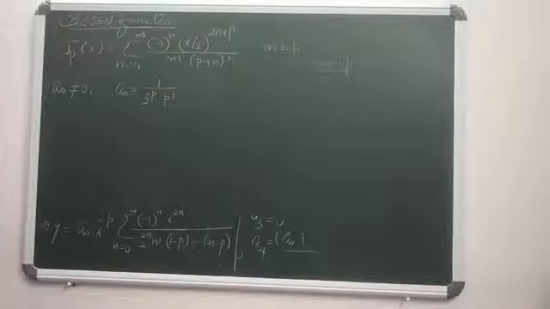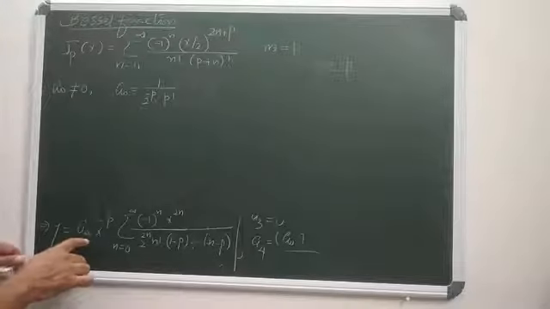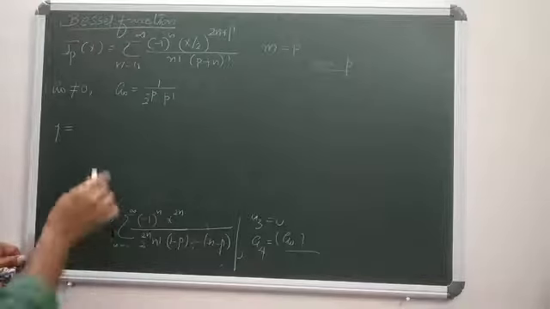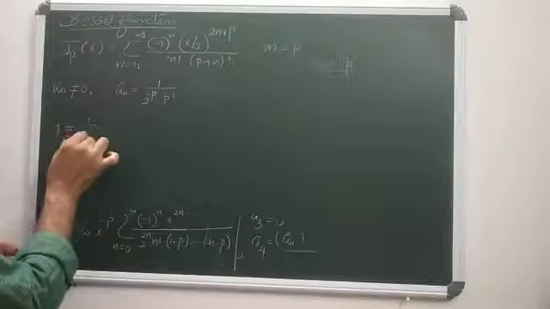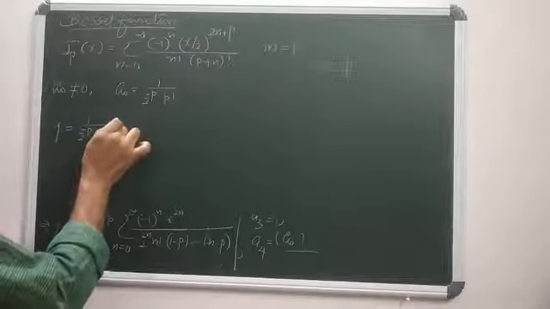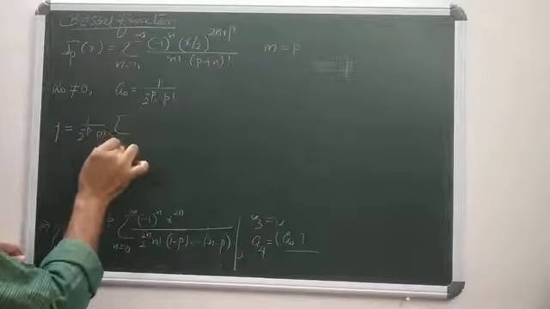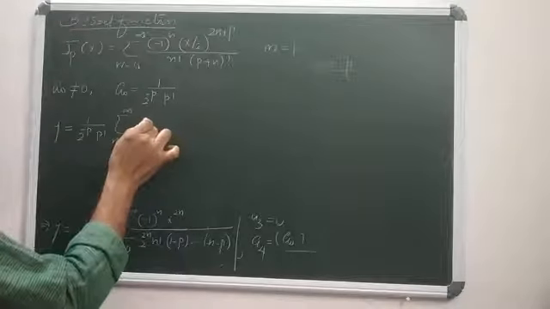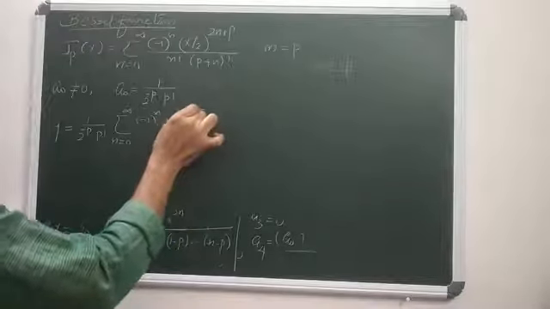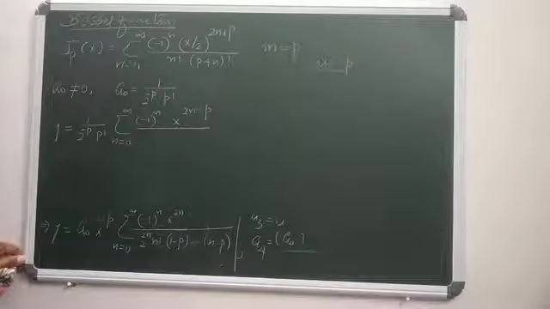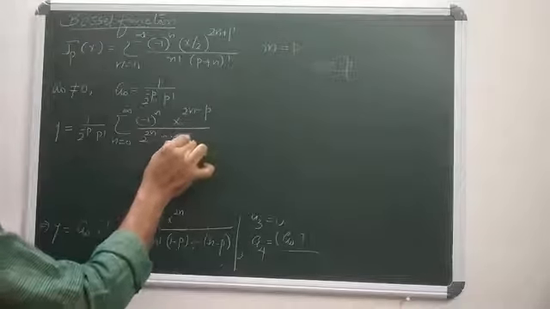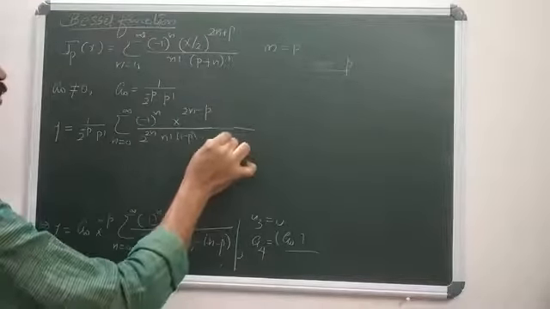If you substitute that value of a0 here, then y equals 1 by 2 power minus p into p factorial, into x to the power minus p, sigma n ranges from 0 to infinity, minus 1 power n, x to the power 2n minus p, all divided by 2 to the power 2n, n factorial into 1 minus p into etc. into n minus p.